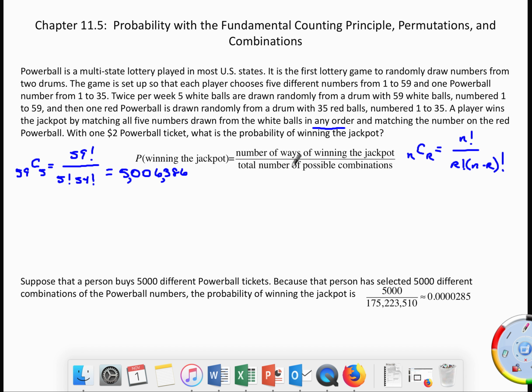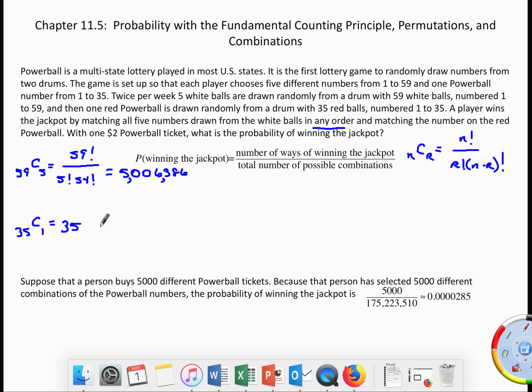Now we need to talk about how many ways we can get a red ball. Well, because there are 35 red balls to choose from and we want 1 of them, that's 35 choose 1. You might notice if you put that in your calculator, you're going to get just 35. Because if there's 35 balls and you're going to choose 1, how many ways can you choose 1? 35 different ways.